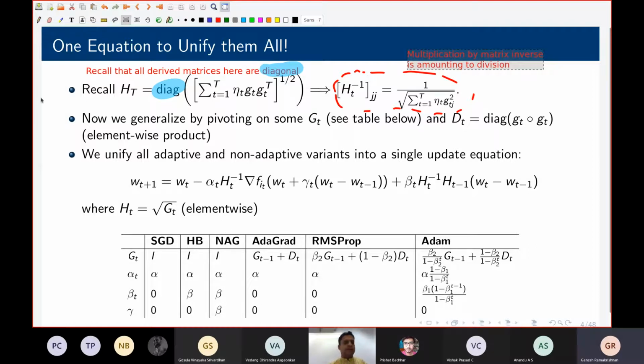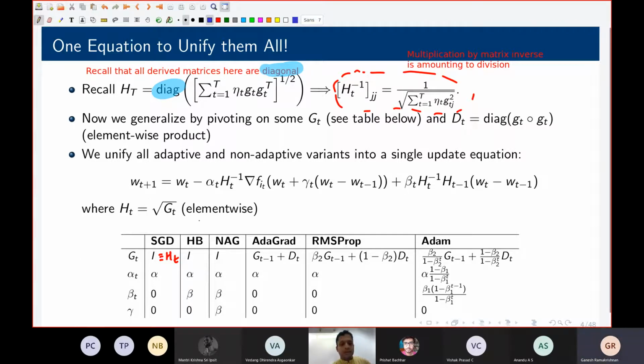Now let's understand what these different methods are under this grand unification. It's easy to understand stochastic gradient descent, where G_t is an identity, and because of that, H_t will also be an identity. Its inverse is identity. Everything is identity, so you can easily see what this amounts to.